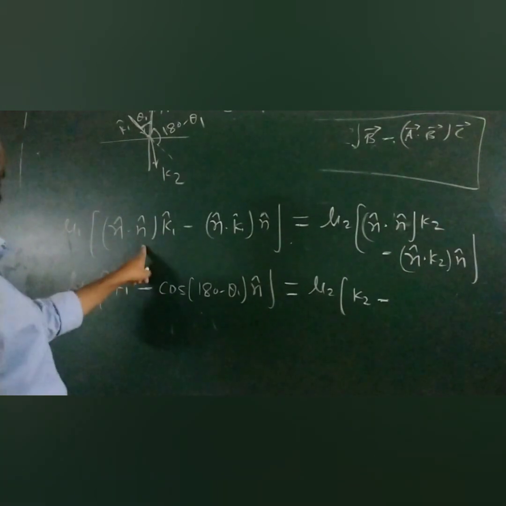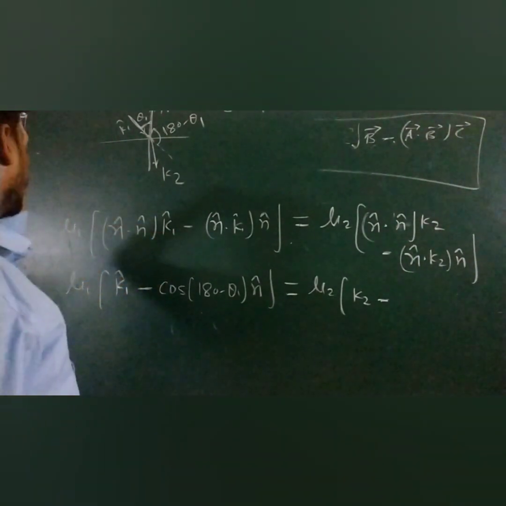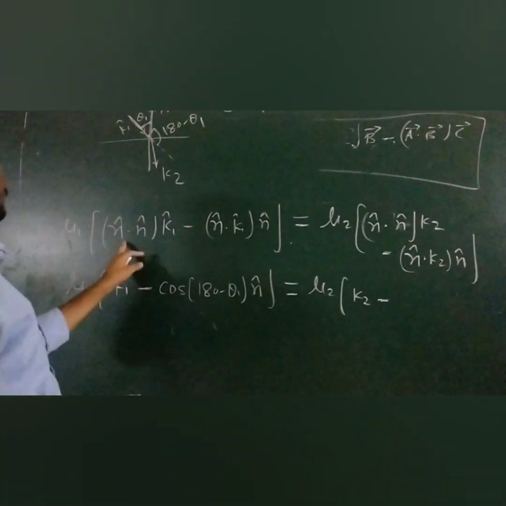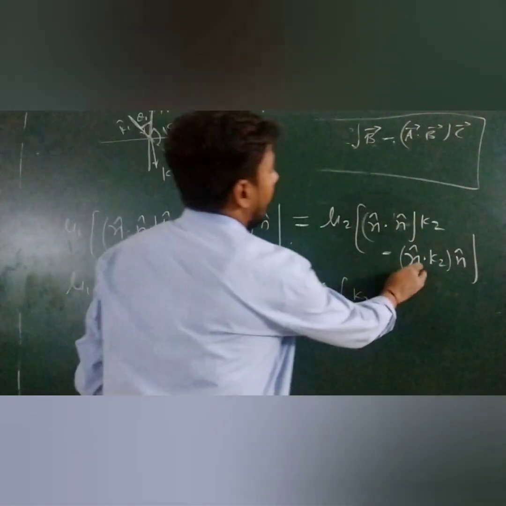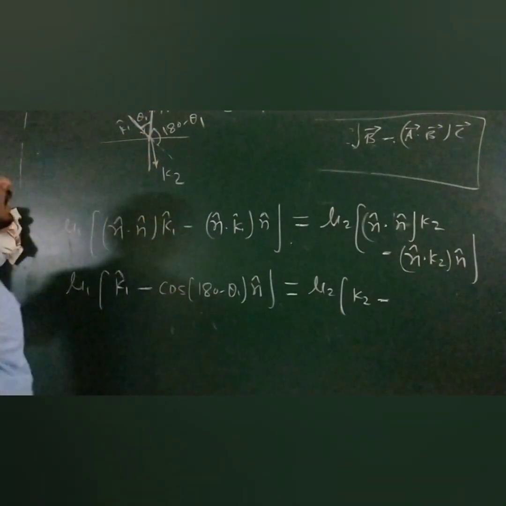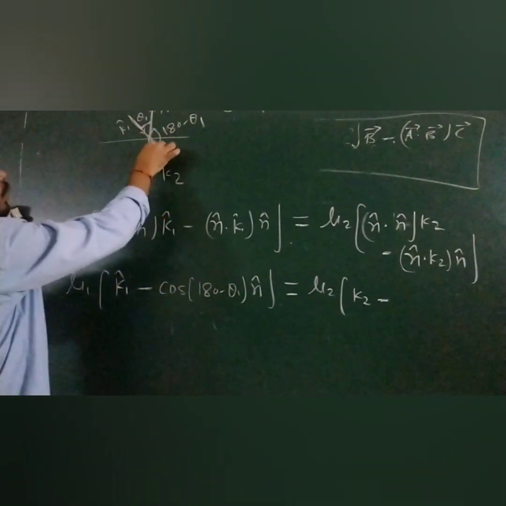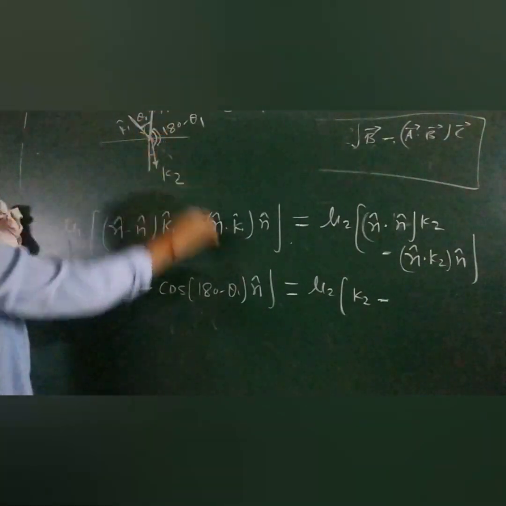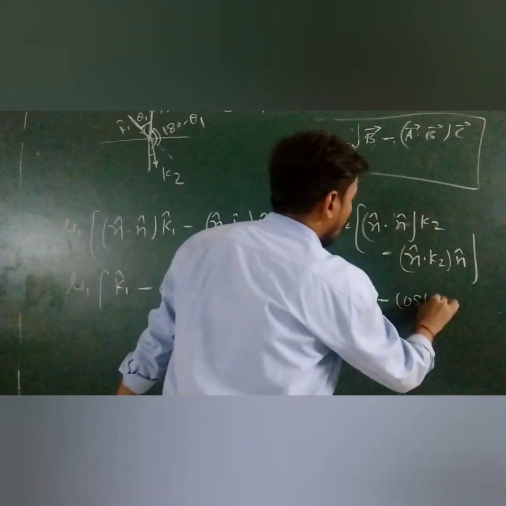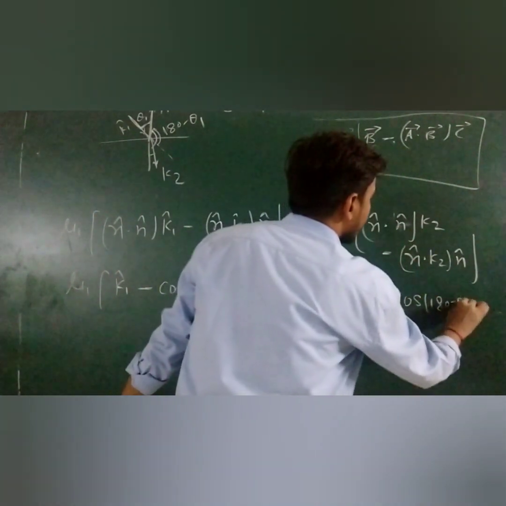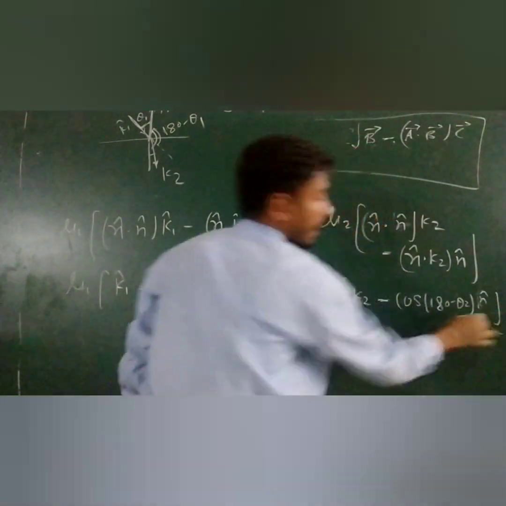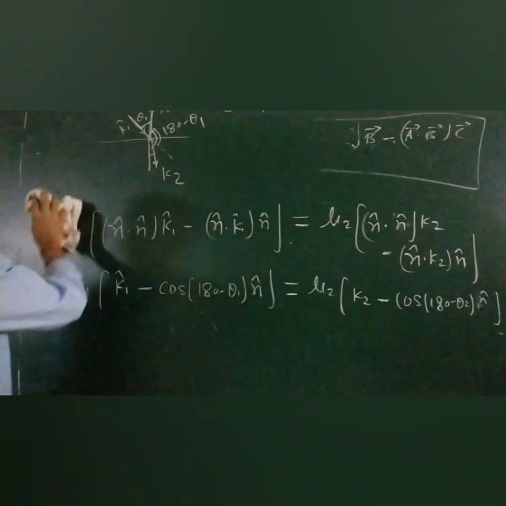Third product we have to do. See, this is N and this is K2, so this angle is theta 2. The angle between these two vectors is again 180 minus theta 2, so this becomes cos(180 minus theta 2) N cap.